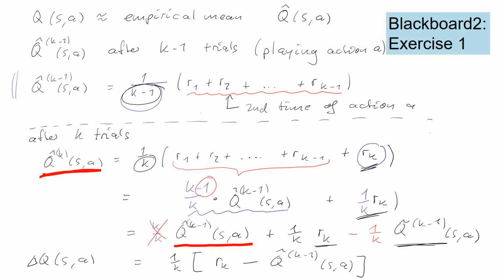And this is basically the formula that I gave you with one specification. That means the eta, the update rate, is 1 over K.